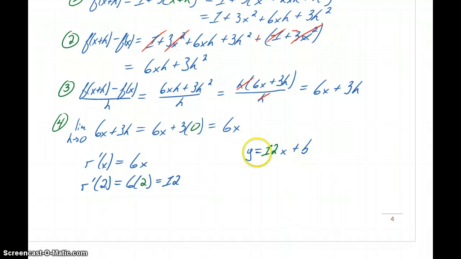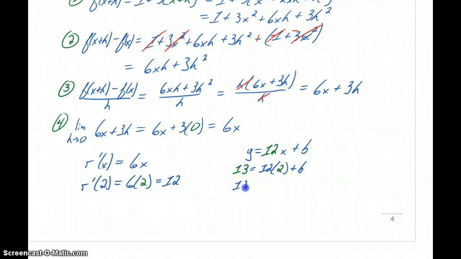And now we need to make substitutions for x and y. We want the equation of the line tangent to our function at x equals 2. So for x, we'll substitute 2. And for y, we'll substitute r of 2, which will be 13.